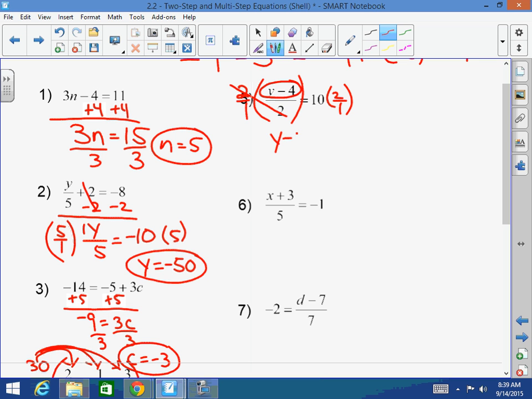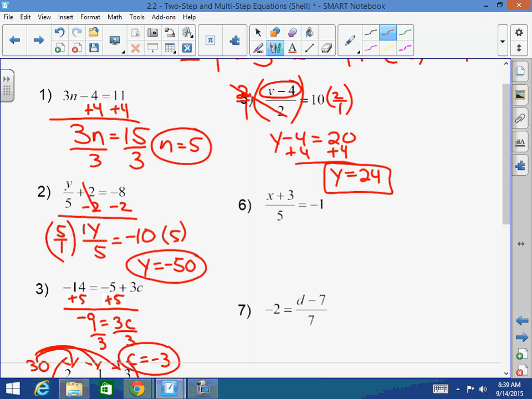I got y minus 4 equals 20, and now I've made this a one-step equation. Now I'm going to go ahead and add that 4 to both sides, and y will equal 24. Does that make sense, guys? It's a little bit easier than breaking it down and then solving it the long way, okay?